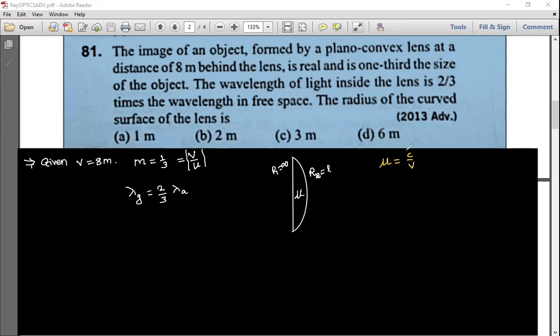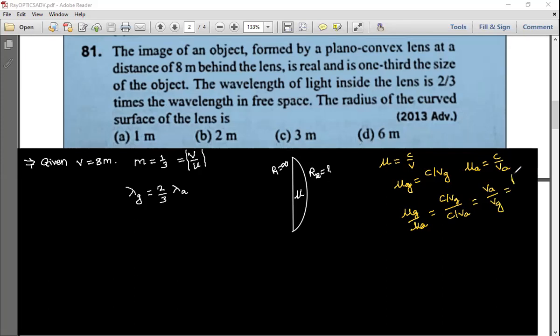Right? So if I take mu2, mu2 is equal to C by V, that is mu glass. Mu glass is equal to C by V in glass, and mu in air is equal to C by V in air. So mu G by mu A, if I will do, that is equal to C by Vg divided by C by Va, and this is equal to Va by Vg.